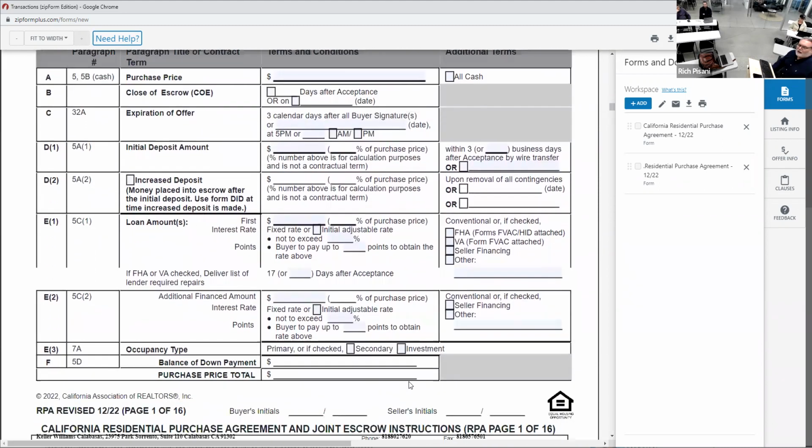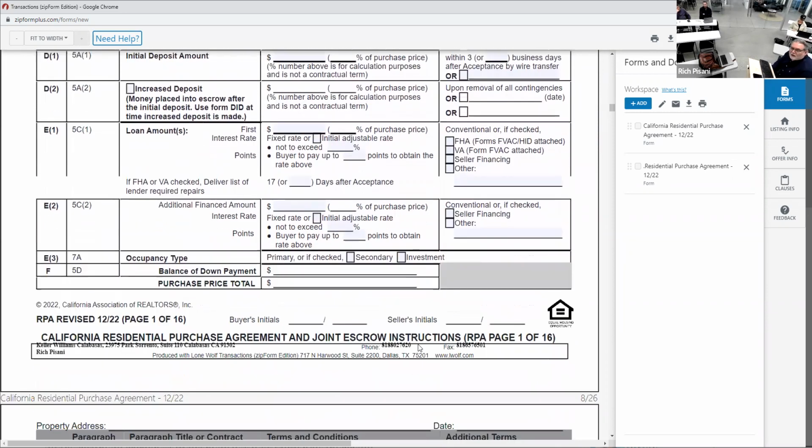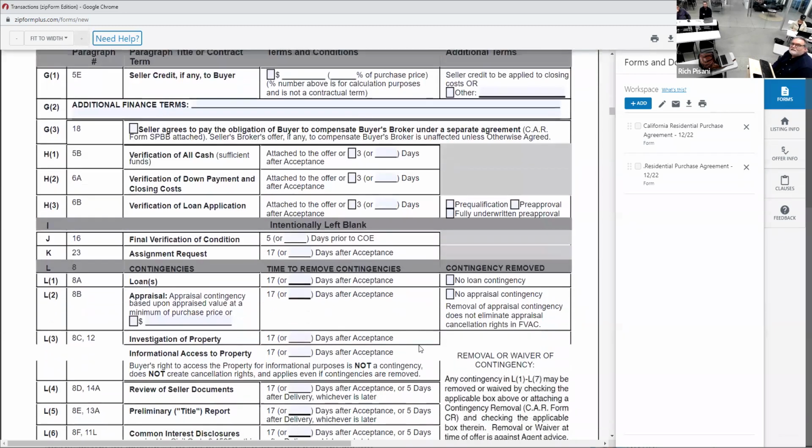So before we move on to the next page, anybody have any questions? No? Okay. So next, seller credit to the buyer. If the buyer up front says, I want the seller to credit me X amount of dollars towards closing costs, then that's where you would ask for it right here.